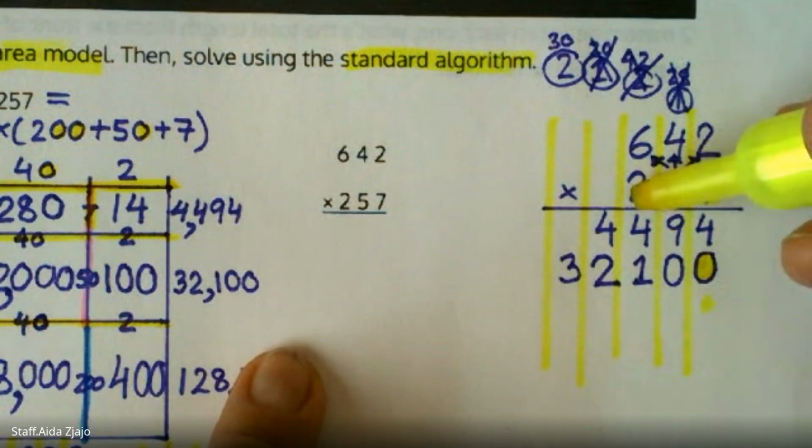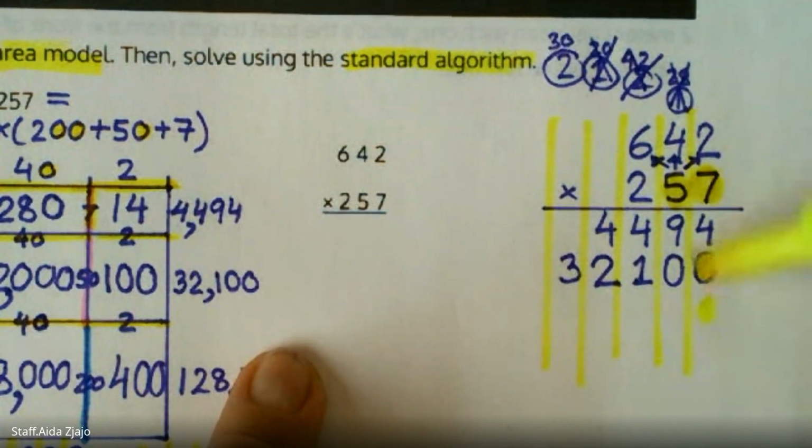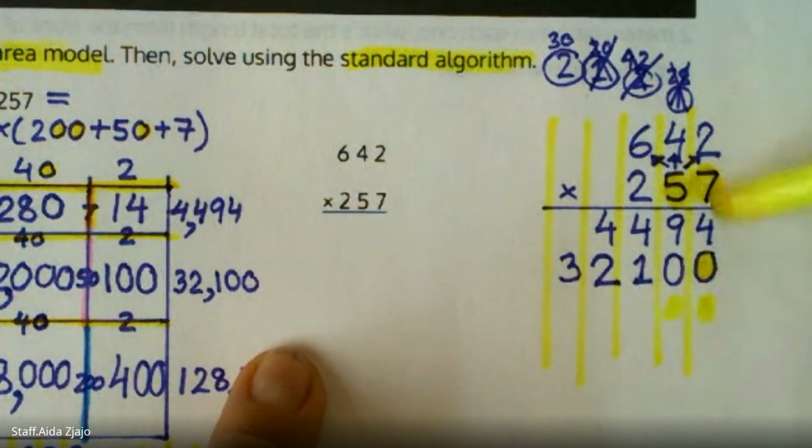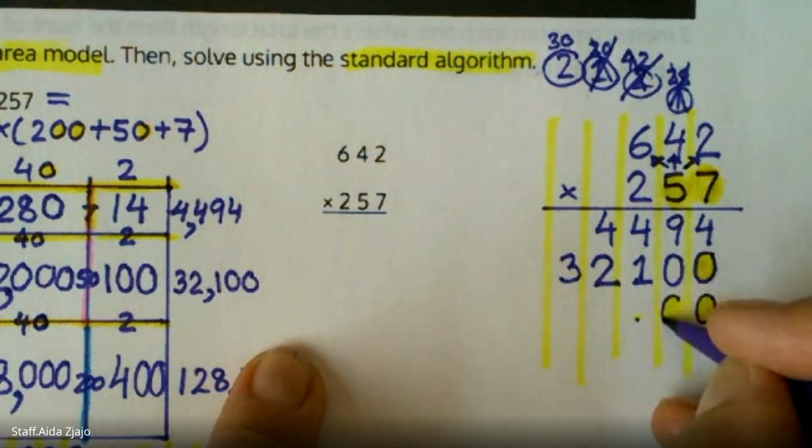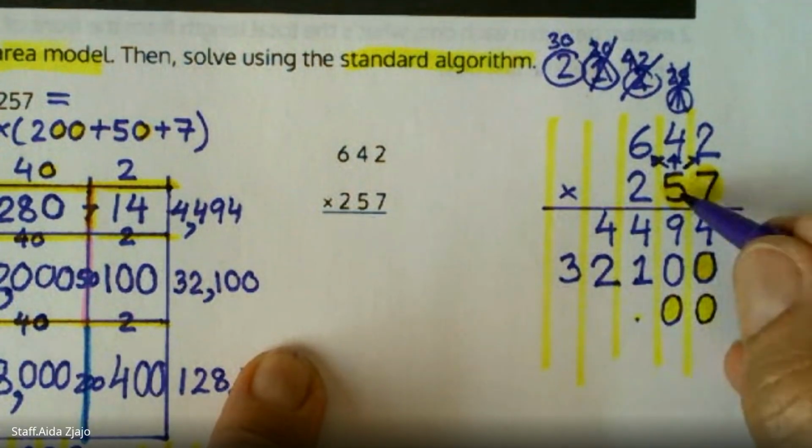Now I'm moving to the hundreds, so I have to put 0 for the ones, sorry, and 0 for the tens. Because I'm starting with the hundreds, I need to start writing this way here. So it should be 0 for ones and 0 for tens because I'm done with those.